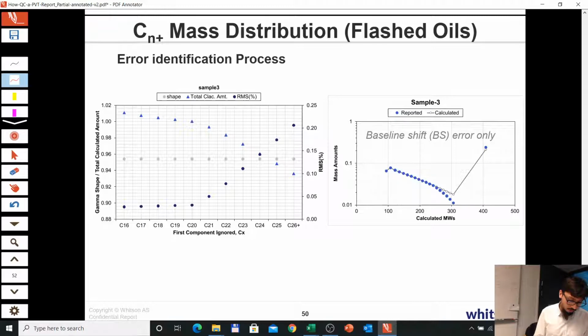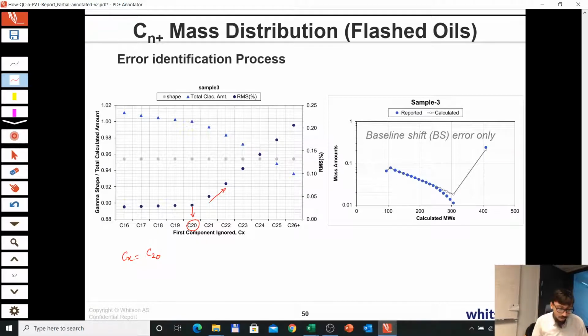We can see the CX value is C20, this guy here, because if you look at the RMS, here you have the minimum RMS, which is close to 0, and then the RMS starts increasing. So CX is equal to C20.